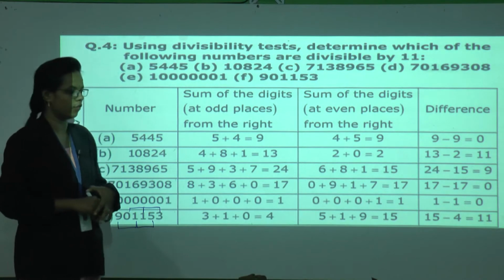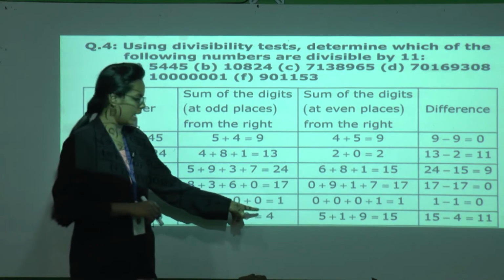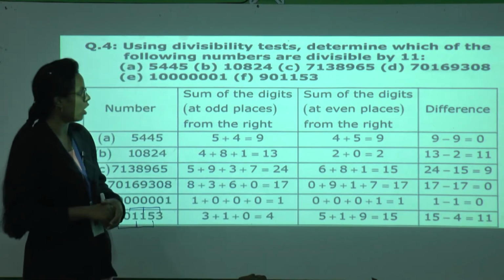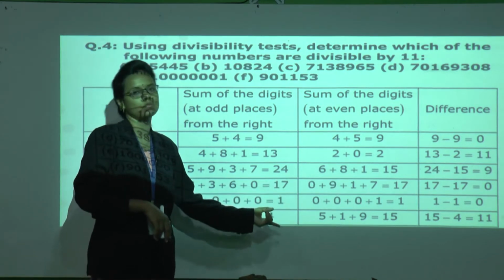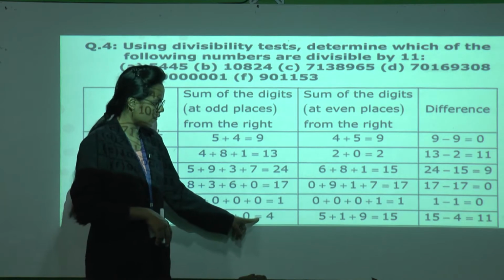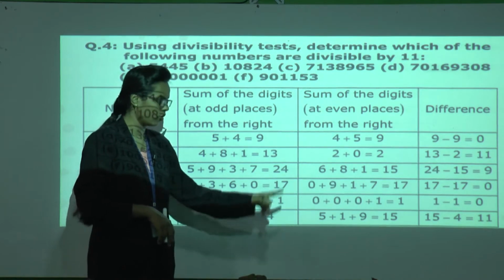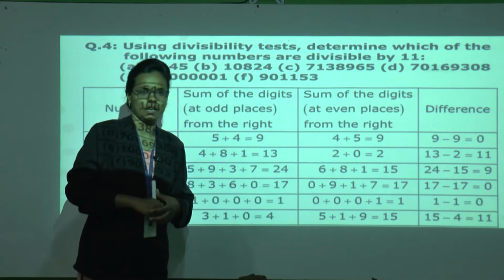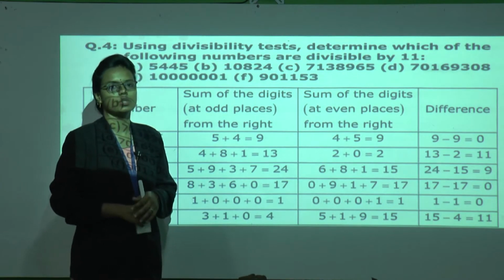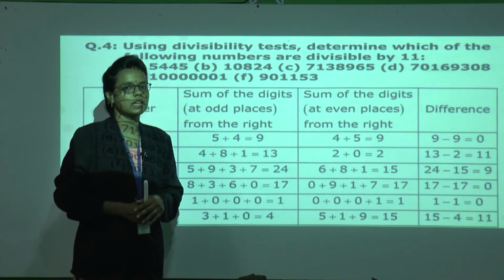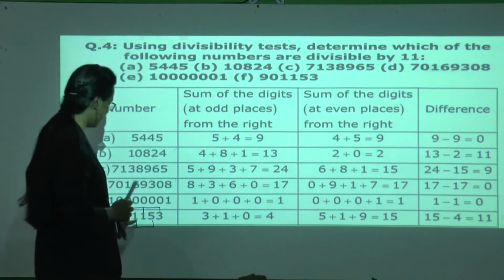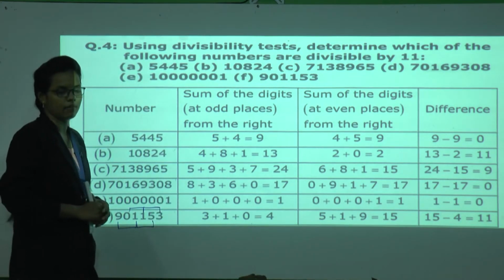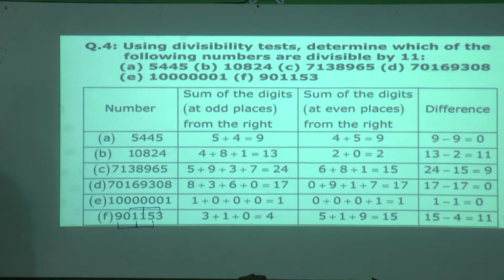Again we have to do odd minus even. The number is small here, so we can do 15 minus 4. When we find the difference, we get 11. 11 is divisible by 11, so the number is divisible by 11.